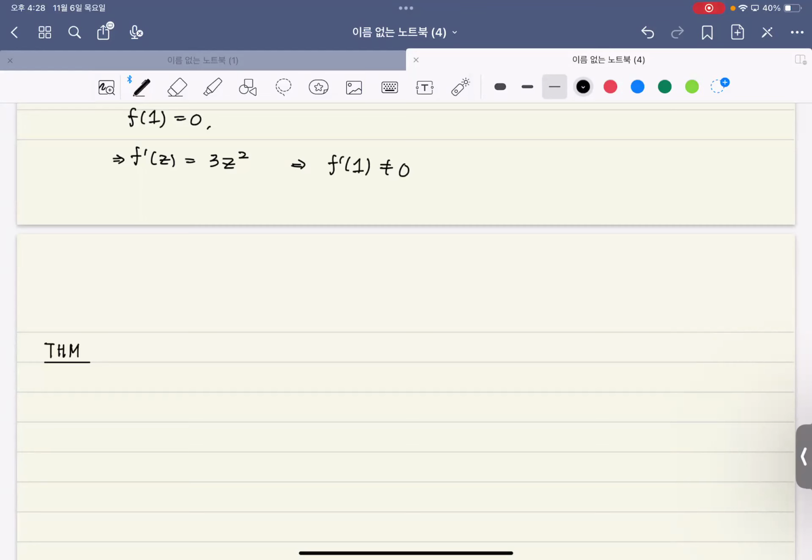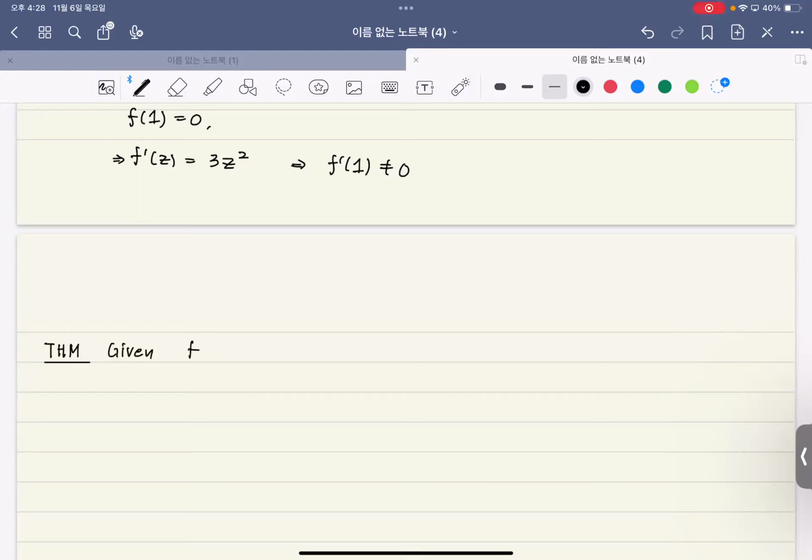In other words, you must be able to find a deleted neighborhood around the zero in which it is the only zero. That is what I mean by isolated. So, your zero is isolated, or your function is identically 0. These are the only 2 possibilities, which I will be discussing in this theorem.